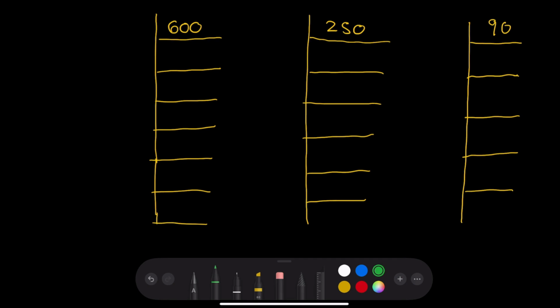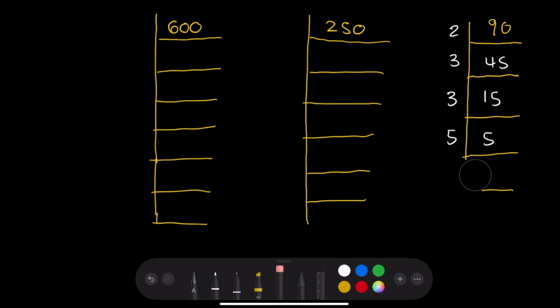So what is the smallest prime factor that 90 can be divided by without leaving a remainder? It's 2. 90 divided by 2 is 45. 45 divided by 2 gives me a number with a remainder. 45 divided by 3, it gives me a number without a remainder. What's that number? 15. 15 divided by 3, can it give me a number without a remainder? That's yes. What's that number? 5. Then 5 divided by what will give me a number without a remainder? That's 5.